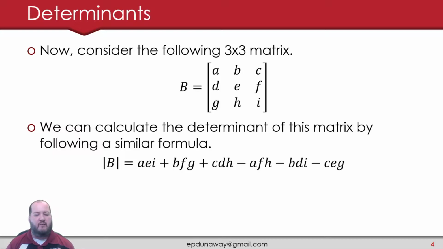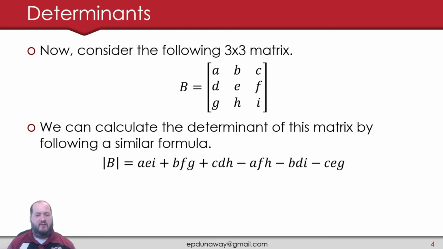And then we subtract our 3 negative diagonals. So I start with A, wrap around, get F, and then continue moving down and to the left to get H. Then I subtract B, move down and left to get D, and then wrap around to get I. And then lastly, I do the final negative diagonal, C, down to the left to E, down to the left to G. And that's all there is to it.